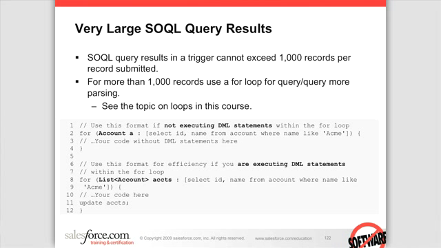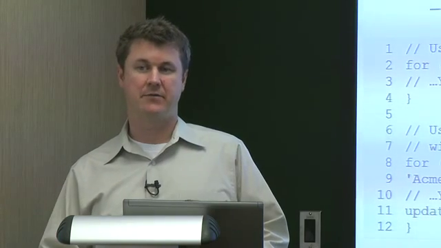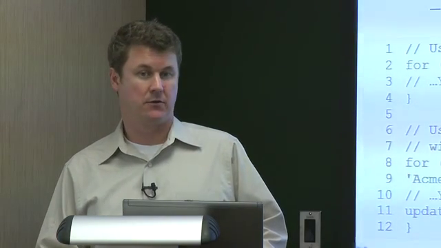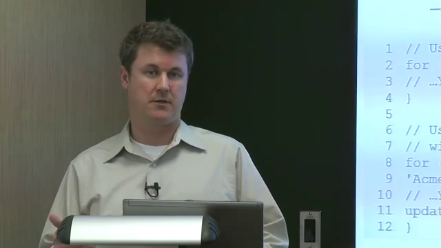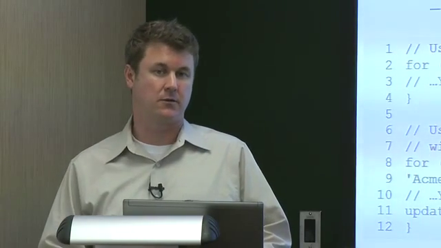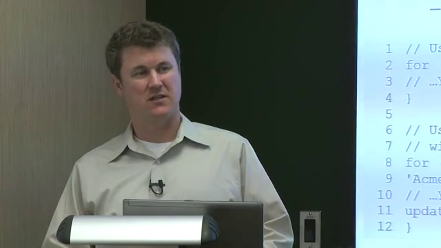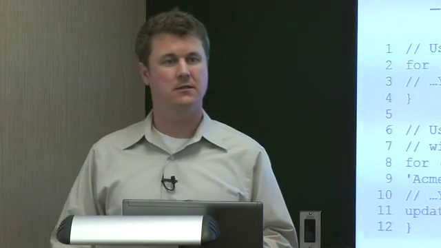Now here, when we're doing a for loop, we have a special bulk processing. So let's say that I have a Visualforce controller or something, and the user clicks on a button, and it does a SOQL query. And let's say in this certain case, I'm looking up related items, so a related list, and let's say that related list could possibly be greater than 1,000 individual records.